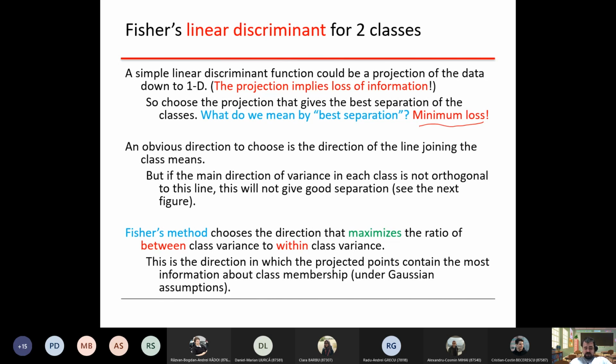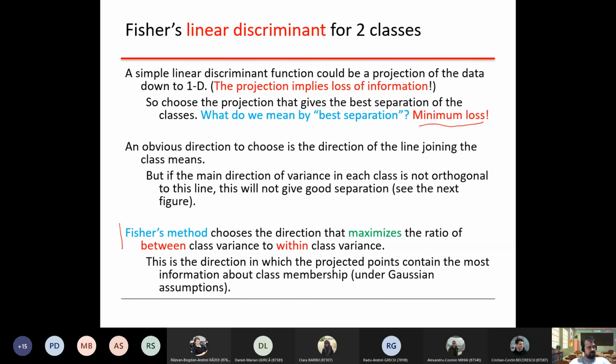Based on this observation, Fisher's method says, okay, if a good option for the 1D that we have to project our data on is the vector joining the class means, then we'll consider this, but we'll also consider something else. So Fisher's method chooses the direction that maximizes the ratio of between class variance to within class variance.